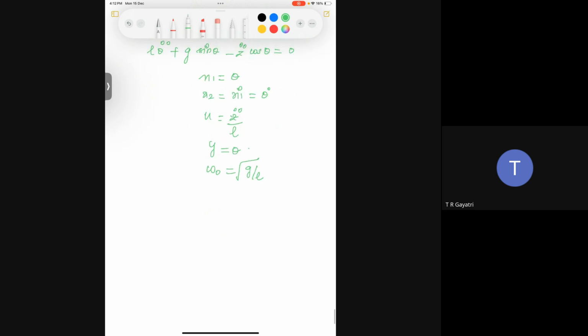Now what can we do? We have to find the equilibrium point. For that we need to convert it into a state space equation first of all, and then find the equilibrium points around it. So the equation is L theta double dot plus g sine theta plus z double dot cos theta equal to 0.